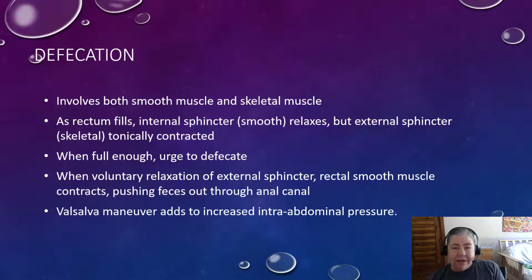We take ourselves to an appropriate spot and we relax the external sphincter, and smooth muscle in the rectum then contracts and pushes the feces out through the anal canal. And we typically add what's called a Valsalva maneuver, which is we increase intra-abdominal pressure to push the feces out through the anal canal. And we poop.